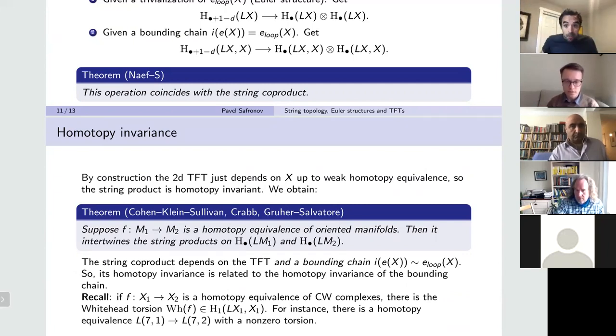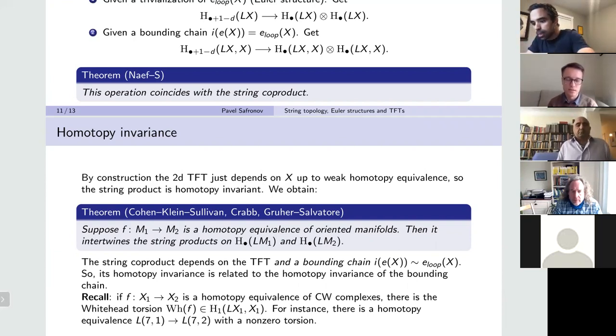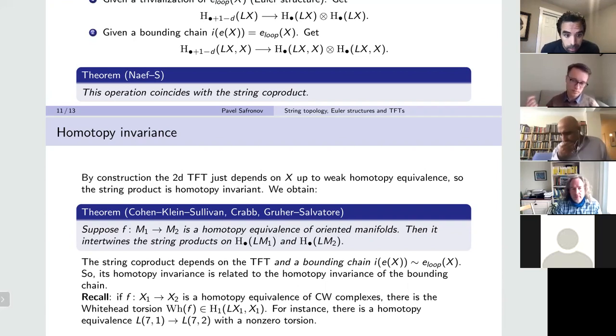Now let's look at what happens with the string coproduct. The way I define the string coproduct, I need a little bit more than the TFT. I need the TFT and this bounding chain, which relates the loop Euler class and the Euler class on X. The TFT part is completely homotopy-invariant, so the only homotopy non-invariance might come from this bounding chain. So you need to know what happens to this bounding chain under homotopy equivalence.